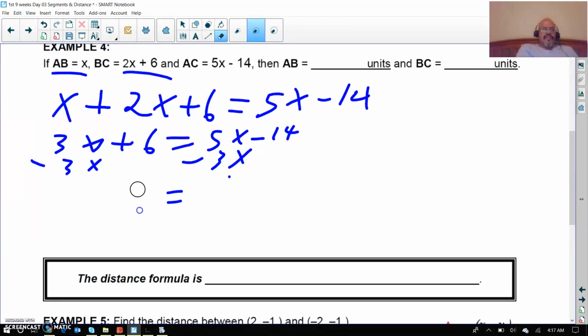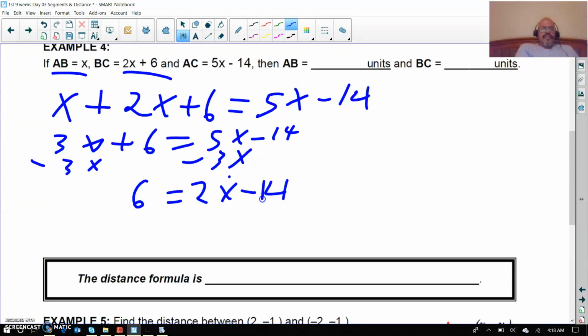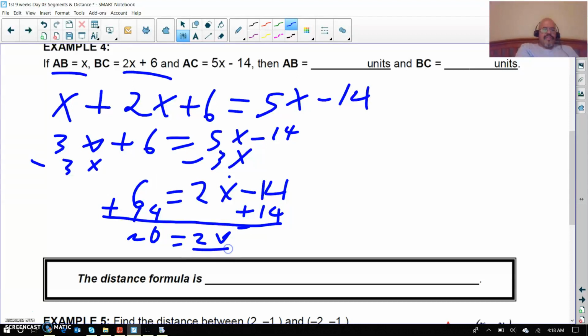Sorry about that. Okay, so this is 6 equal to 2X minus 14. We add 14 to both sides. That's 20 equal to 2X. Divide both sides by 2. So X is equal to 10.